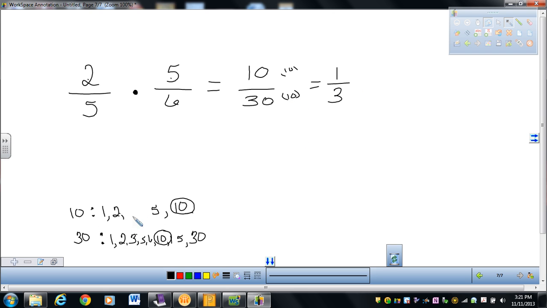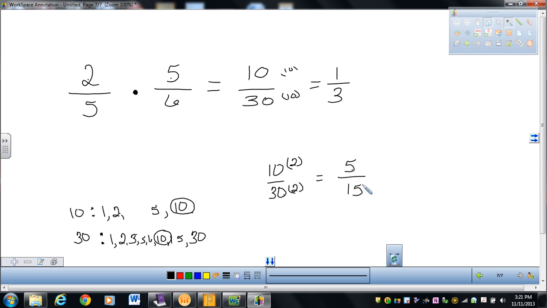Now, if I didn't want to do all this and I couldn't remember that 10 goes into both, I could have just said, well, they're both even numbers, so I could have divided both of them by 2, and I could have started there. And 10 divided by 2 is 5, and 30 divided by 2 is 15. And that's a little easier to work with.